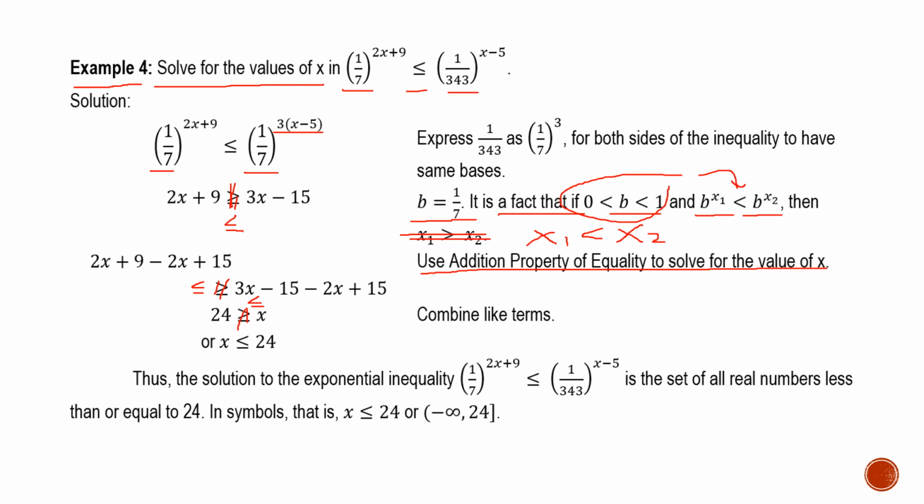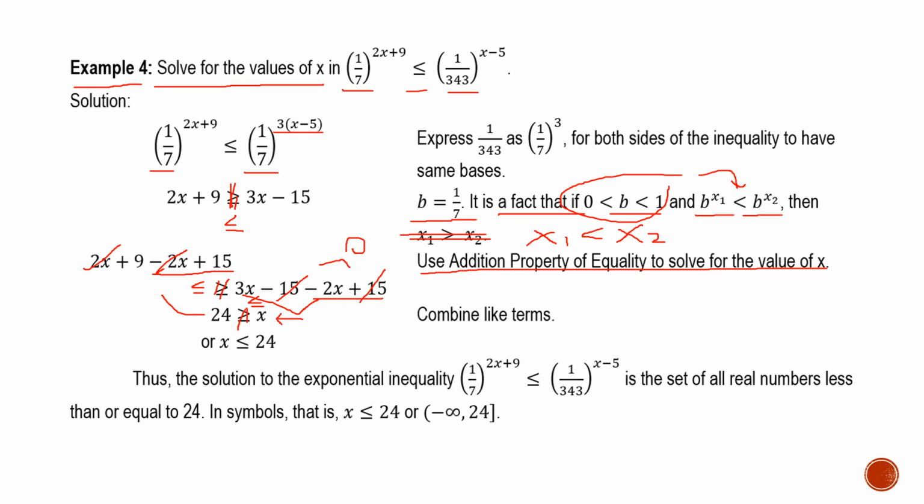We subtract negative 2x plus 15 from both sides of your inequality, then 2x minus 2x will be cancelled. Then 9 plus 15 is 24. Then negative 15 plus 15 becomes 0. Then 3x minus 2x will be equal to x.